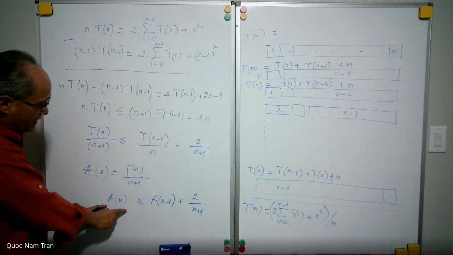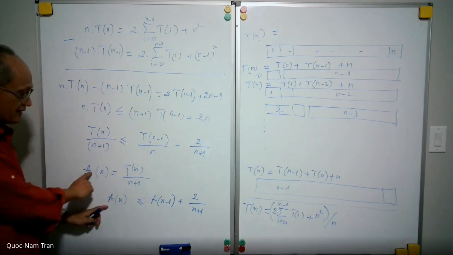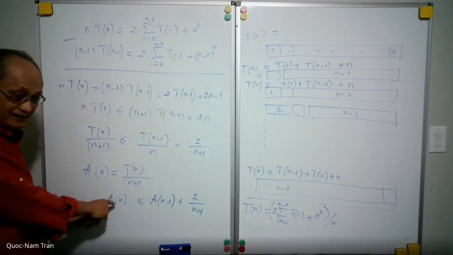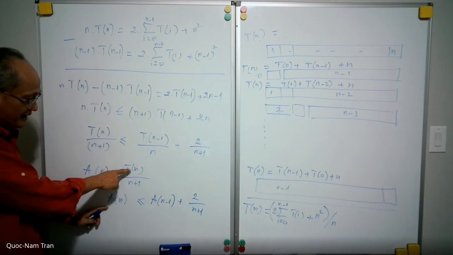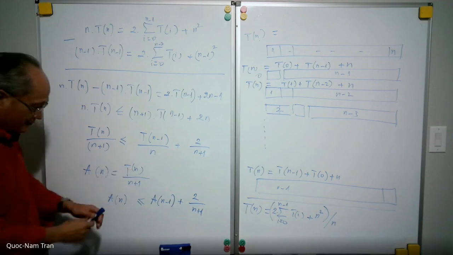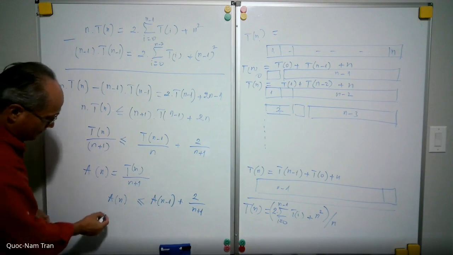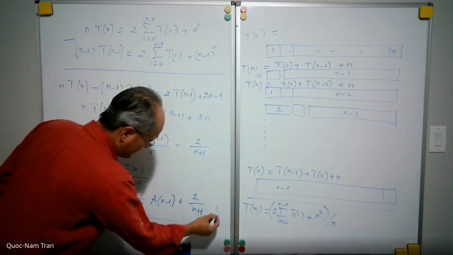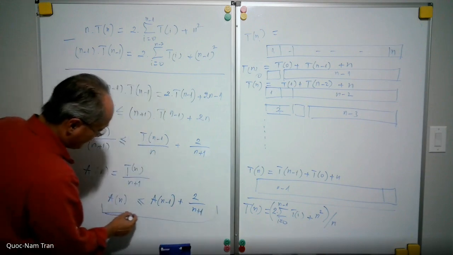If I can solve An, then I just plug it in here to know what Tn is. So now, here is what I have to solve as the recurrence.